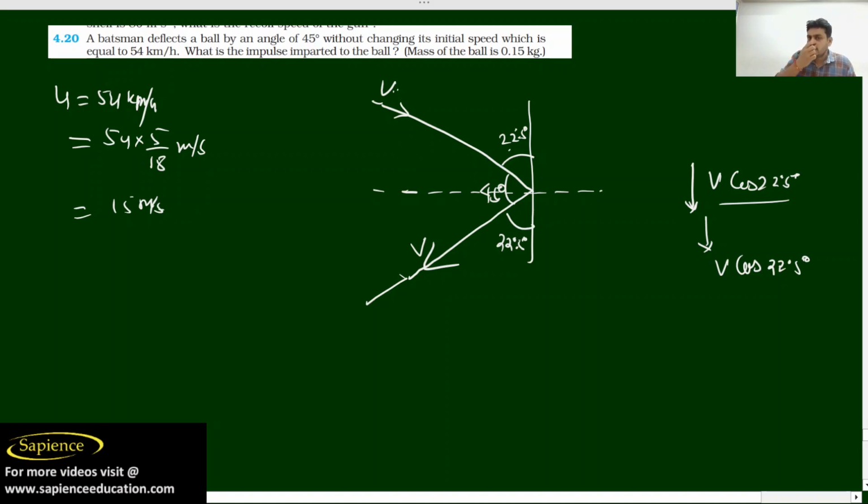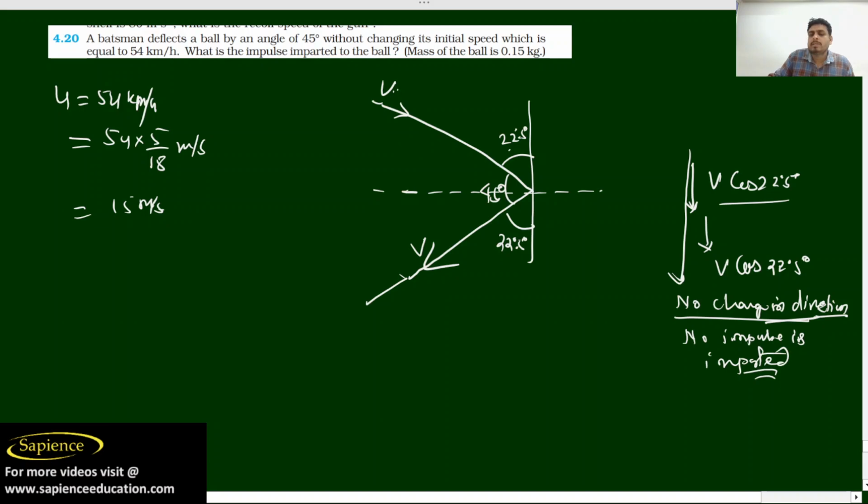So we get two components in the downward direction, with no change in direction. So the initial momentum and final momentum are the same, because both are in the same direction. No change in direction is happening, so no impulse is imparted in that direction.